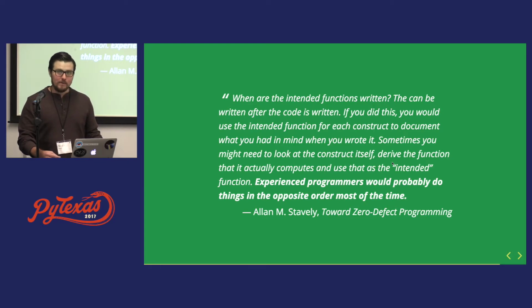If you did this, you don't even really need to look at the code if you're comfortable. So they found that experienced programmers would probably do these things up front. So think about it before you do it. And using this process, they ended up with something like four or 5 defects per 1,000 lines of code.